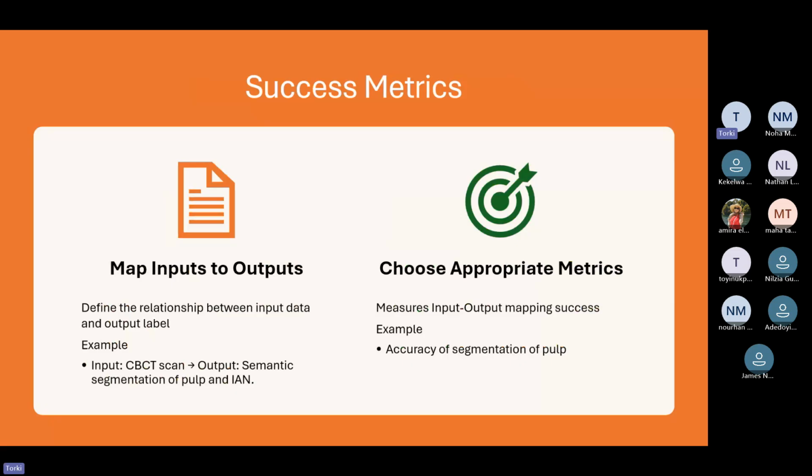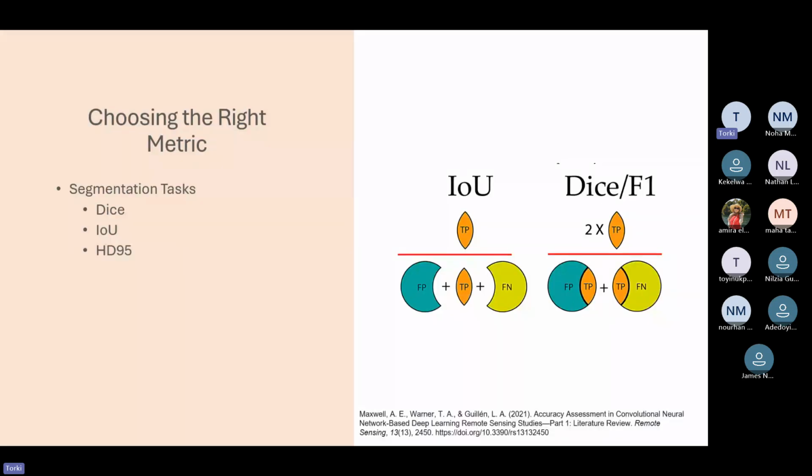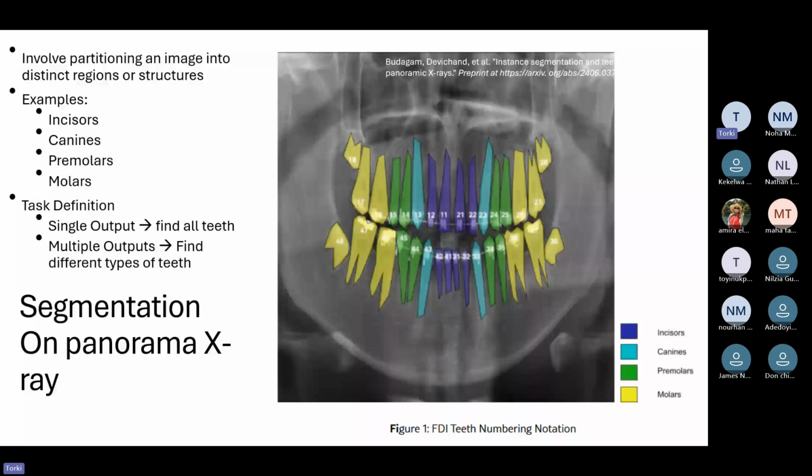Also, you need to define your success metrics. I will give you a brief on the metrics that are used for semantic segmentation evaluation, to decide if your model is doing a good job or not. The most important metrics for evaluation are the Dice coefficient, the IOU, intersection over union, and the HD95. The output from semantic segmentation is masks.